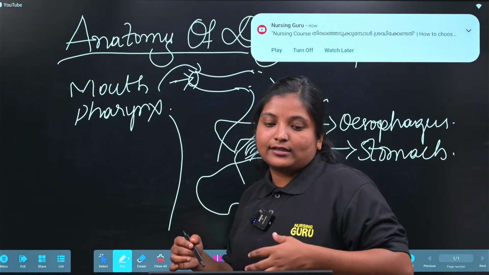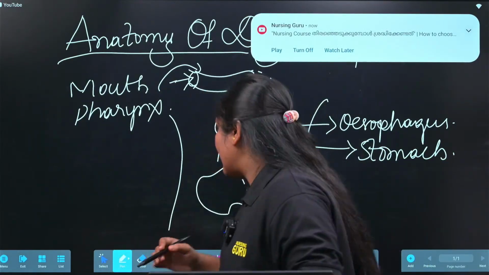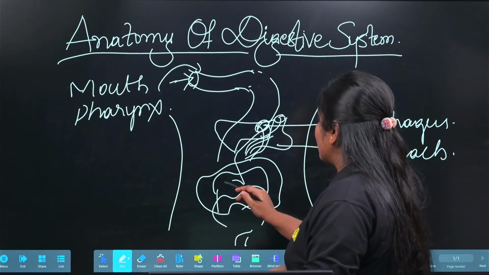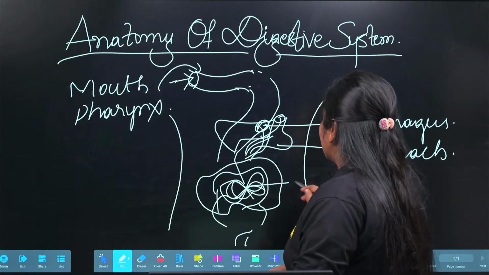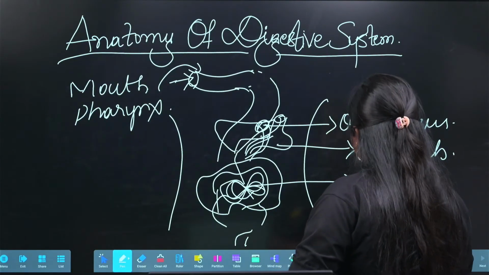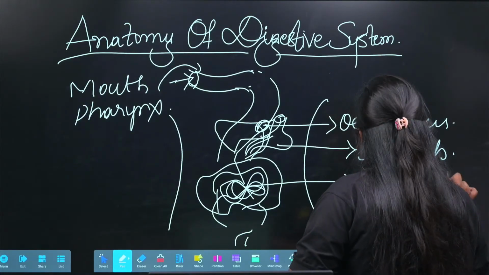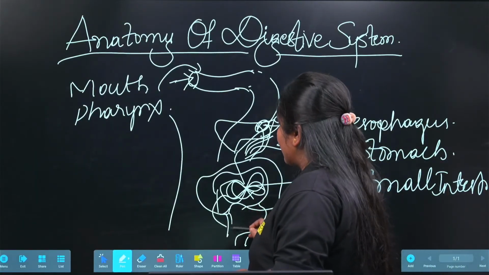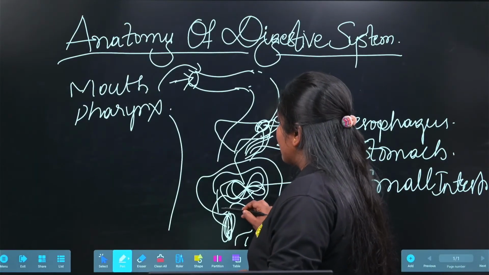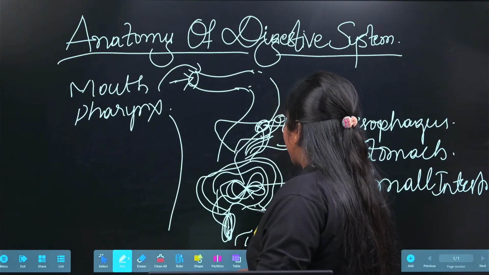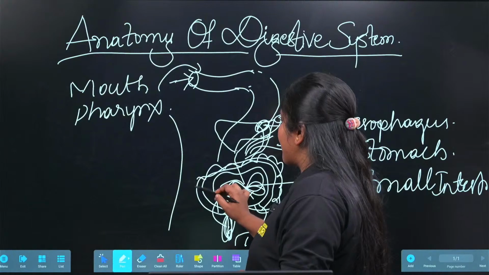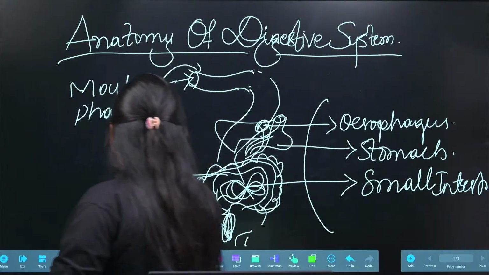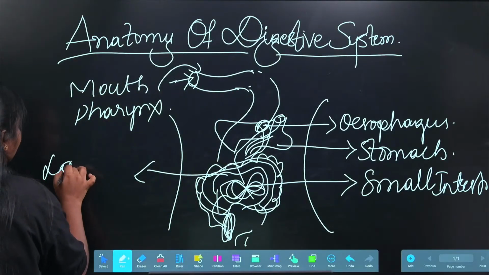The next thing is the small intestine. Here you can see the small intestine, then the large intestine.